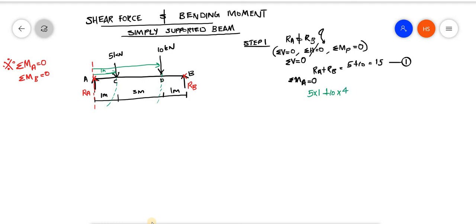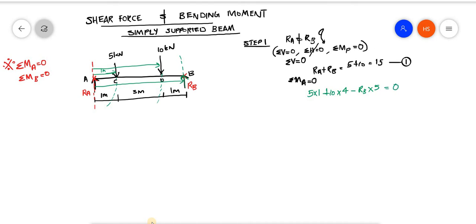Then next one is RB. RB's arrow is towards the upward side, so it will be rotating in the anti-clockwise direction. Therefore, I have to take RB into the total distance, RB into 5, that is equal to 0.